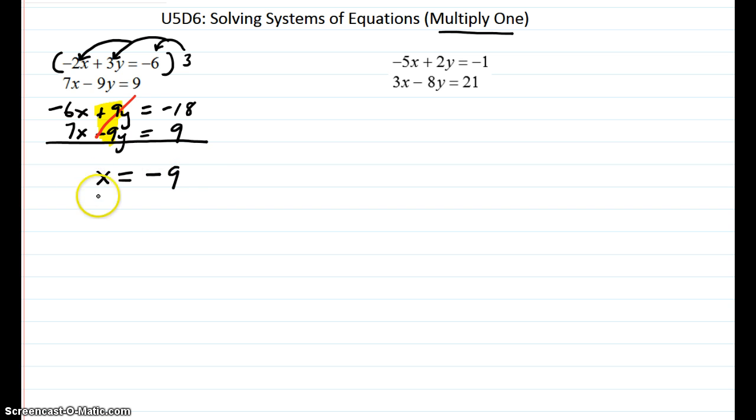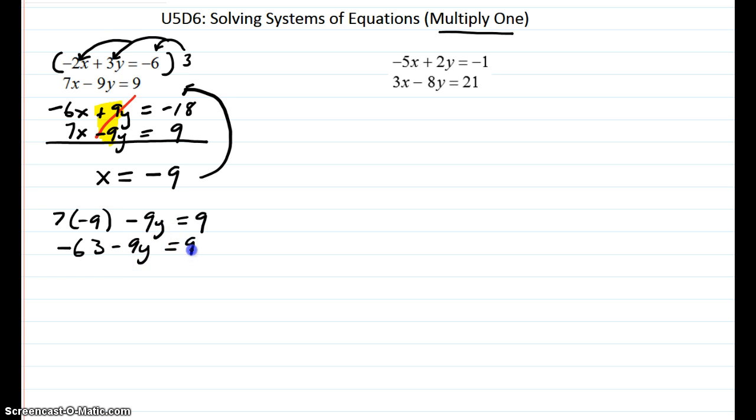And so now you got to take this negative 9 and plug it into one of the original equations. I'm going to plug it into the bottom one, so I'm going to take it and put it into that equation. And so it's going to be 7 times negative 9 minus 9y equals 9. And so it gives me negative 63 minus 9y equals 9. And now we're going to solve for y.